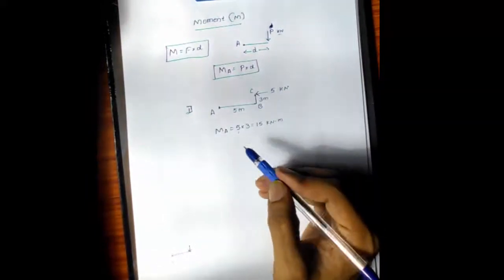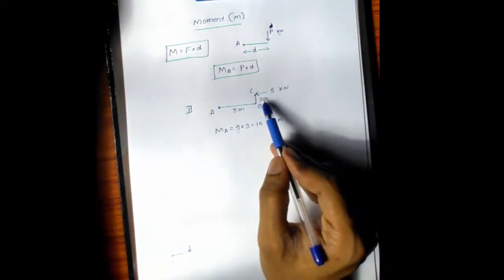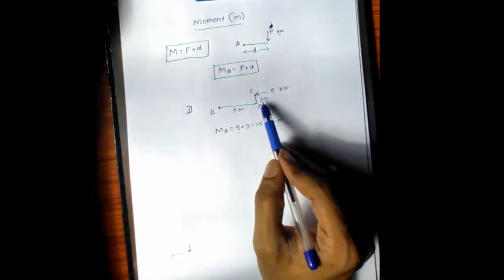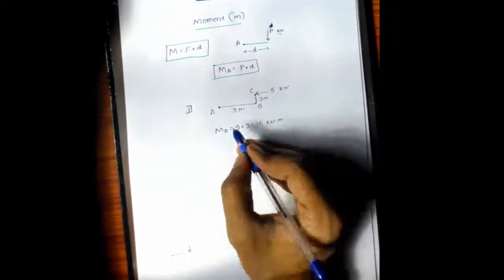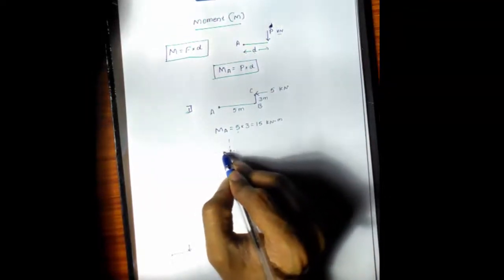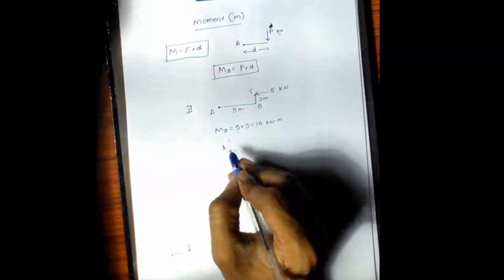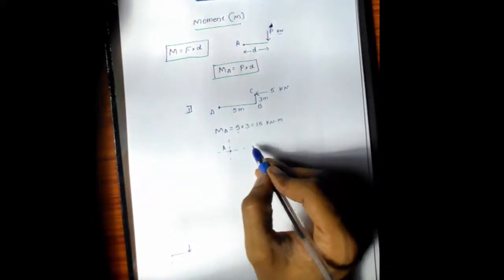Now why should we not take 5, why is it 3? So simple, it's a perpendicular distance. Now how to find perpendicular distance? Just see, at point A you can mark dotted lines in x and y direction. If it is a point A, you can mark like this. So how is the force acting?